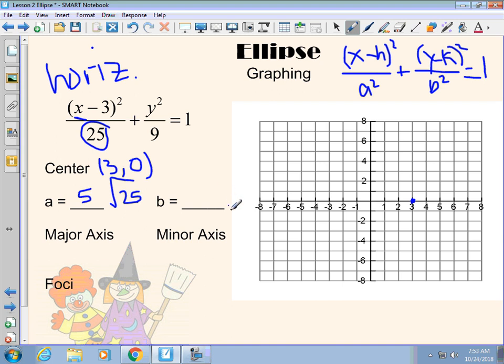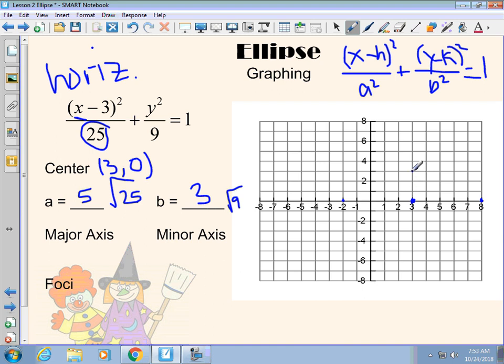I'm going to take the square root of 9 to get my B value, which ends up being 3. And these are the distance that I'm going to be moving vertically and horizontally. The A value was underneath the X, so I'm going to be moving horizontally 5 in either direction. Okay, and then I'm going to be moving 3 in either up or down.